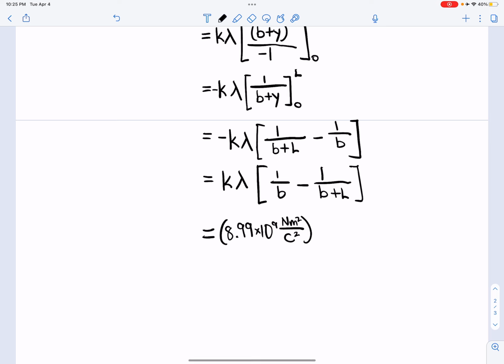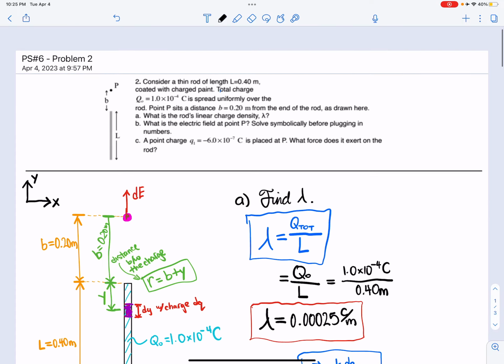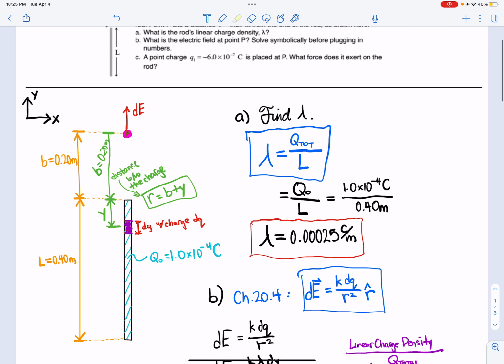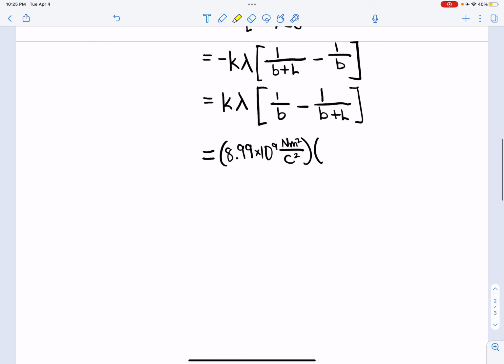That's the value for K. And the value for lambda is solved right here in part A. It's 0.0025 coulombs per meter.